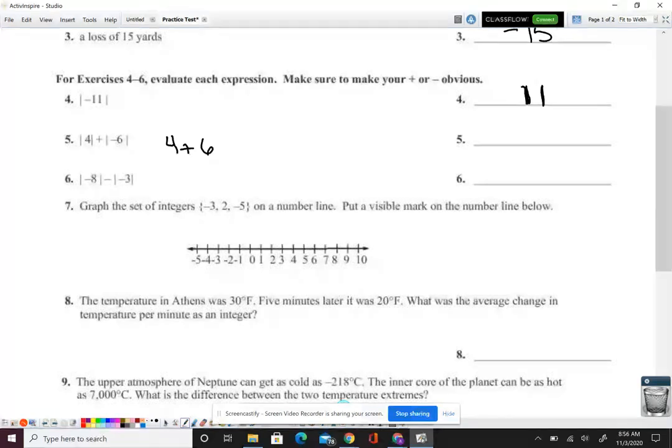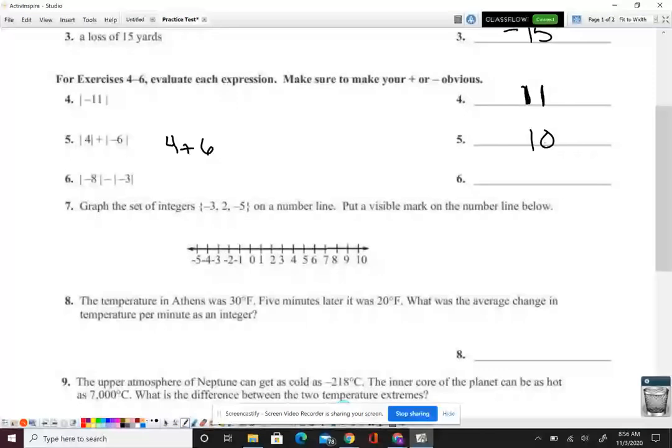Showing me that you know that the absolute value of 4 is 4 and the absolute value of a -6 is 6. Because then if you make some kind of addition error, at least I know you know the absolute value part. You just don't know how to add 4 and 6 together.